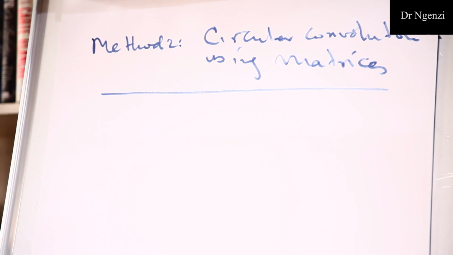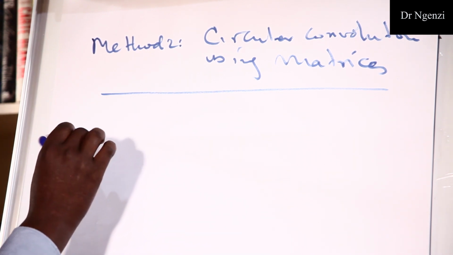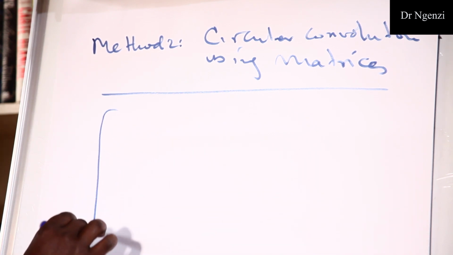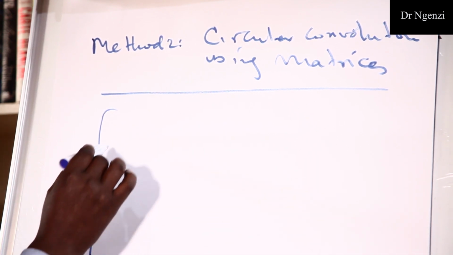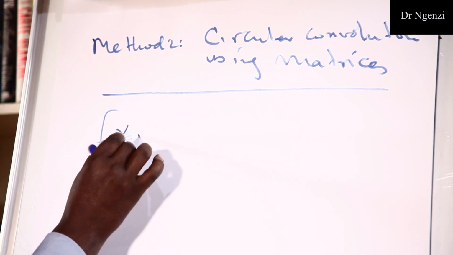So remember, on our matrices form, for example, if we have the value of matrix in this format, you have big X of 0.